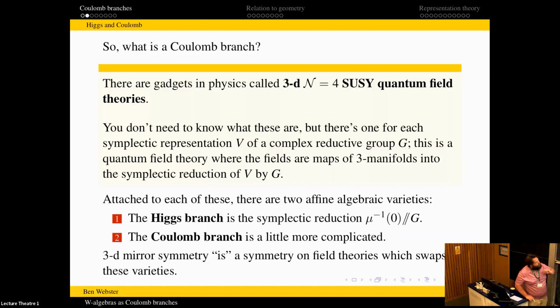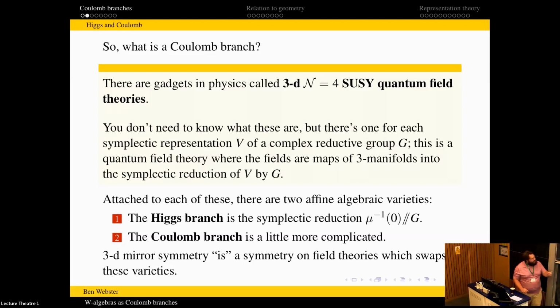And so what the N=4 means is into that group, I also add in some odd elements. So that's the even part of a supergroup, which is part of the symmetries of the theory. And the N=4 tells me what supergroup it is. The odd part is the sum of 4 copies of the spinor representation of SO(3).